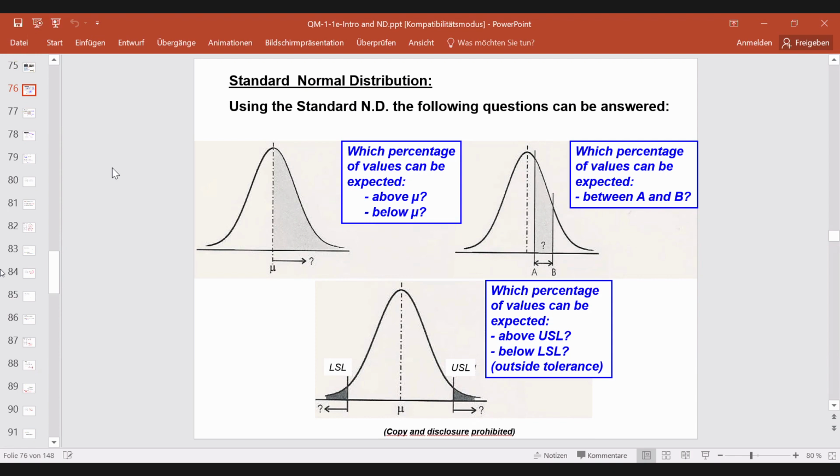The customer gives every supplier, for every quality characteristic, for every dimension of a product, of a part, a drawing or a CAD data set, and then you will get tolerances.